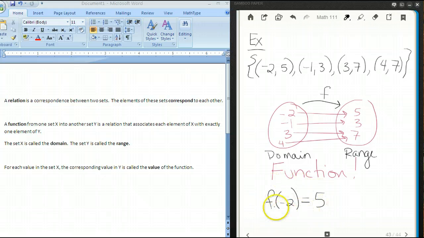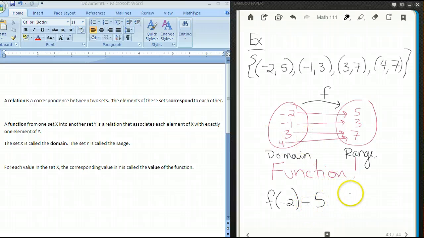So when I write this kind of a statement here, this is saying the value -2 corresponds to 5 under the function f, right? Okay, I don't want to have to write out all of those words, so we write this nice compact mathematical notation here, right, to say what the value -2 corresponds to underneath the function f, or under the relation f, right? But it's specifically a function, so let's be specific, okay?